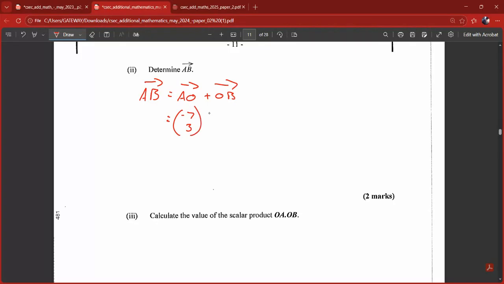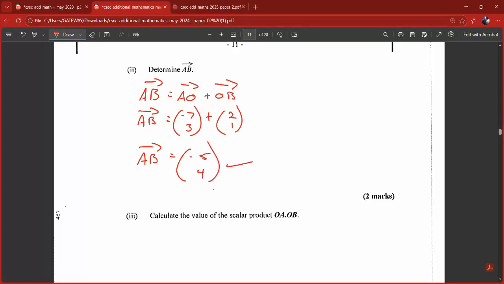Plus OB, which is (2, 1). So what we're going to get here is negative 7 plus 2 is negative 5, and 3 plus 1 is 4.